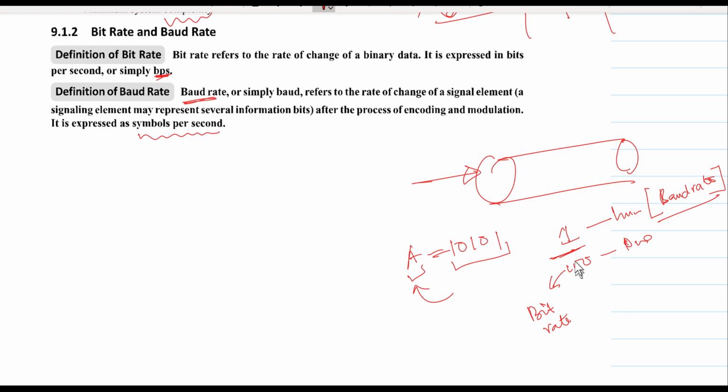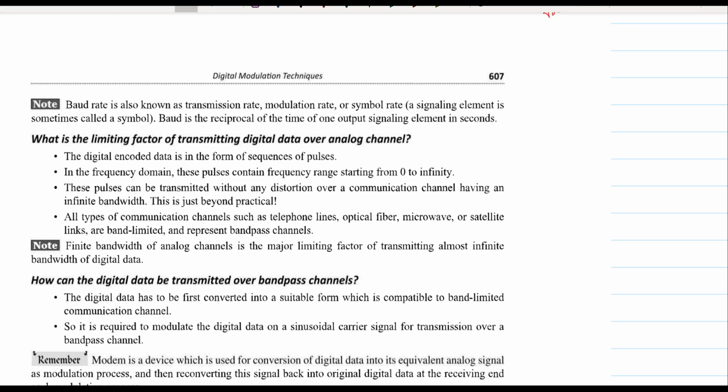So that serves for the introduction of bit rate and baud rate. And we also observe that baud rate is a very common phrase that we need to get used to. It has the same meaning as the transmission rate, symbol rate, or the modulation rate. And therefore, we have to mention that.